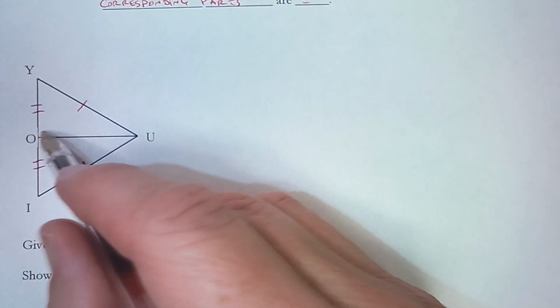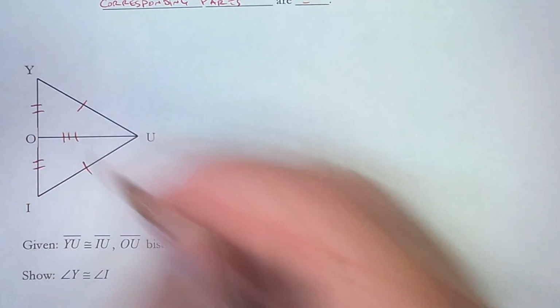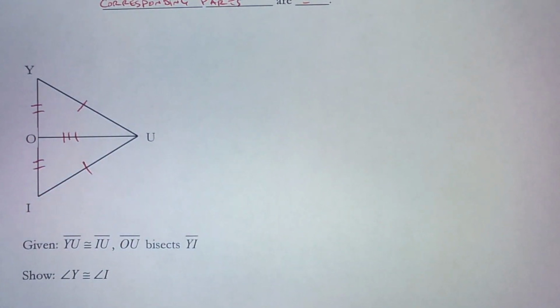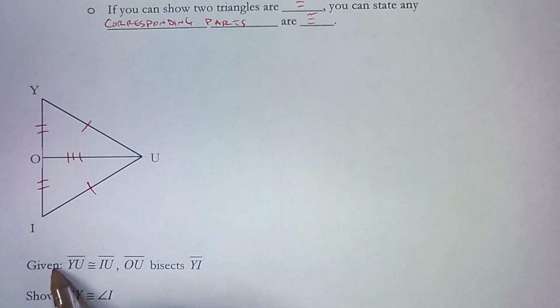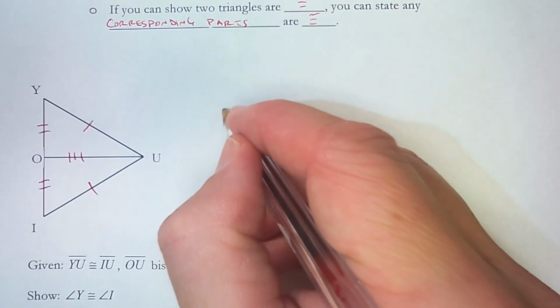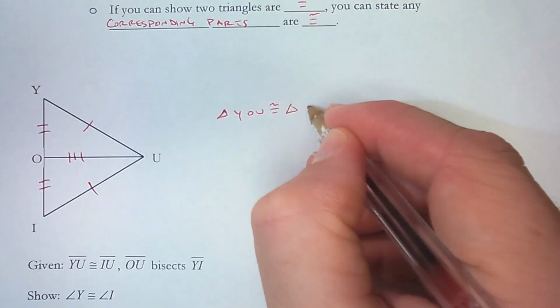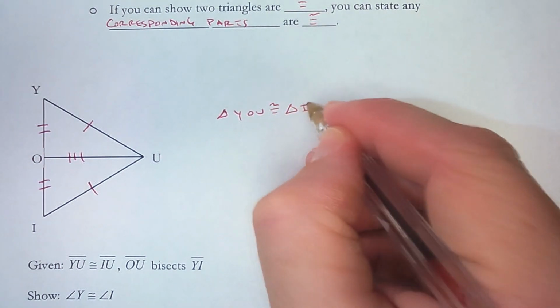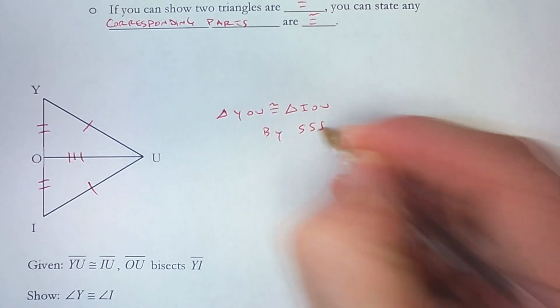They share OU. By the reflexive property, I can say OU is congruent to itself. So with the given and this reflexive property, I can say that triangle YOU is congruent to triangle IOU by side, side, side.